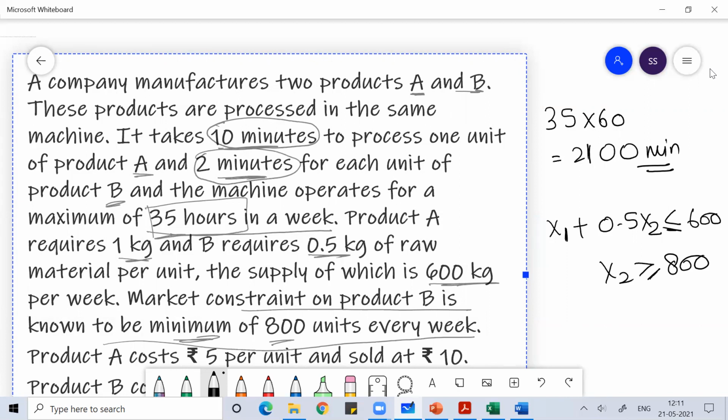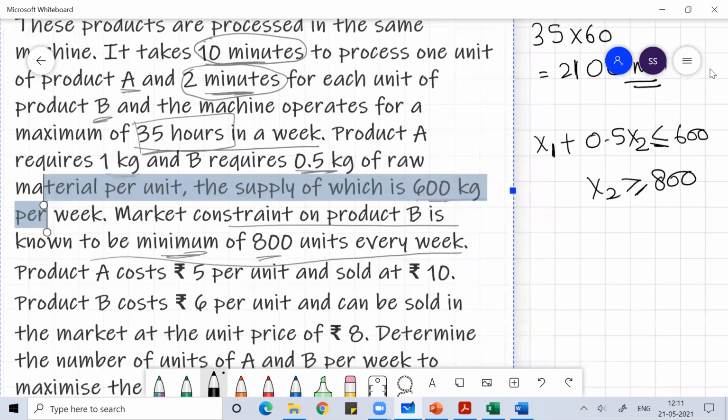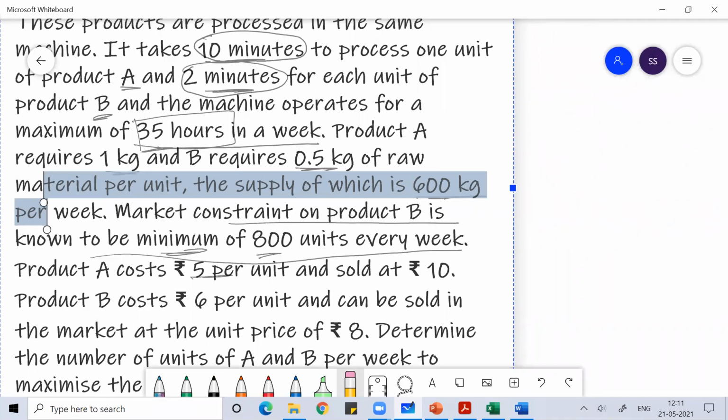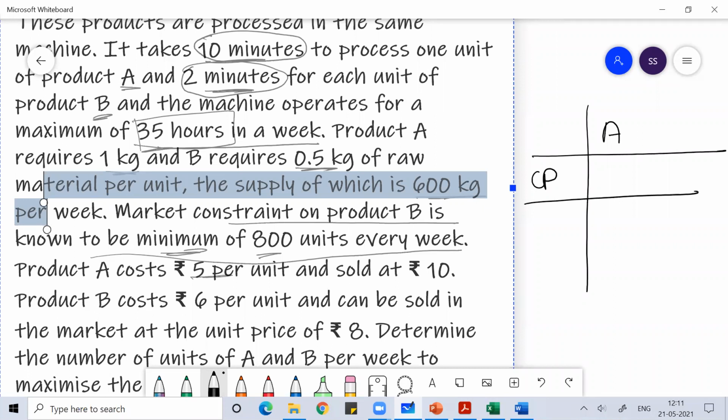Then it is given in the question that product A costs 5 rupees per unit. When we talk about product A, the cost price of product A per unit is 5 rupees, while the selling price of one unit of product A is 10 rupees.